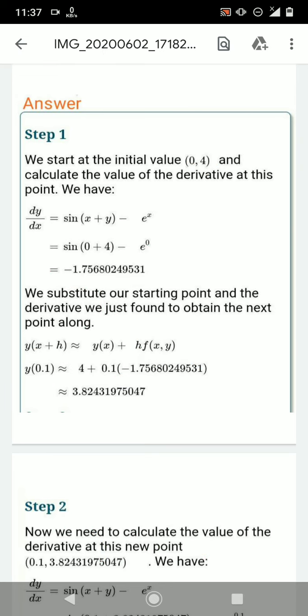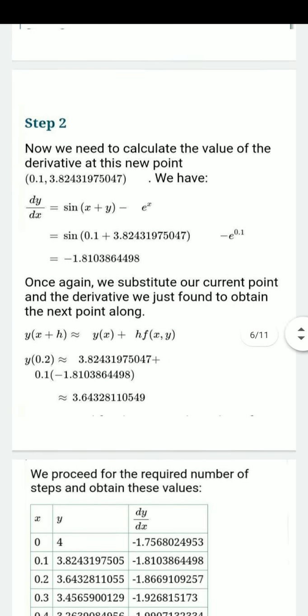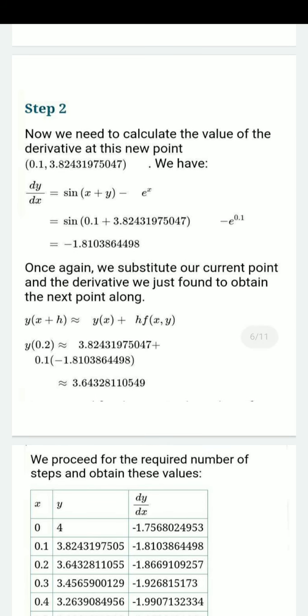So we know that y0 is equal to 0, then the first approximation y1 is equal to 3.8243, etc. The same process will continue until we get the approximated solutions. Now the second step, again doing the same process. dy/dx is equal to sine x plus y minus e raised to x.